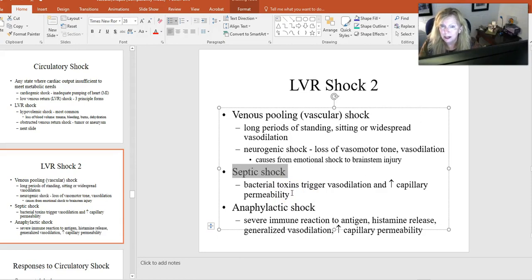And probably you've heard the term sepsis, which is an actively growing microorganism in the bloodstream, or sometimes called septicemia, right? Anaphylactic shock is due to an antigen that is causing an allergic reaction, and that allergic reaction is causing a systemic spread of these histamines. And again, histamines kind of get a bad name. They do serve a very important normal function for us on a daily basis, but if there's too many histamines flooding the system, capillaries dilate, they become more permeable to fluids leaking out.